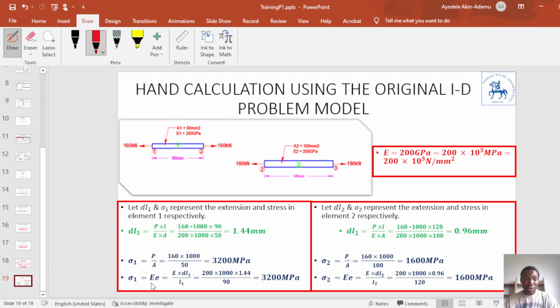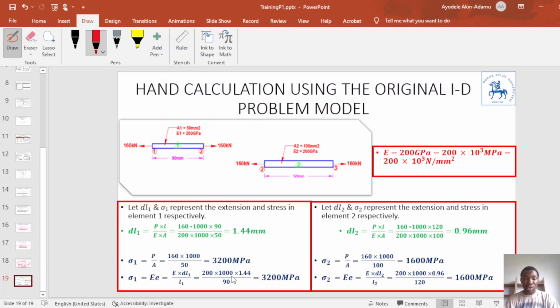But we can also apply this formula: stress equals Young modulus times the strain. This small e means the strain, and the strain is equal to the change in length over the original length. The E is 200 times 1000. The change in length, which we calculated here, that is the extension, is 1.44 mm, divided by the original length, 90 mm.